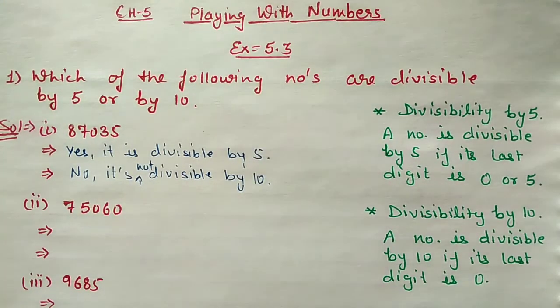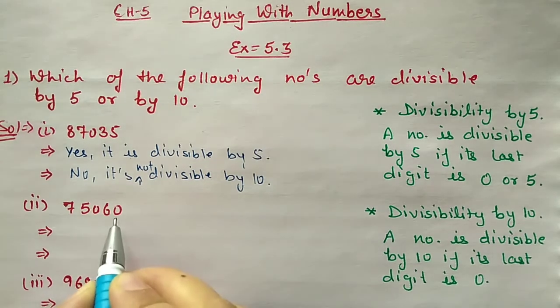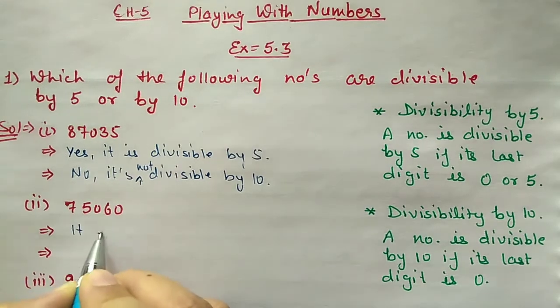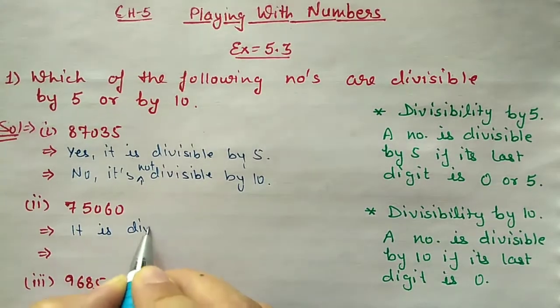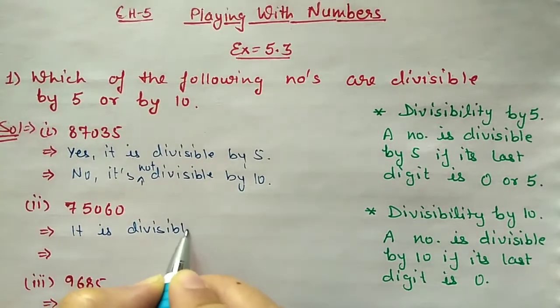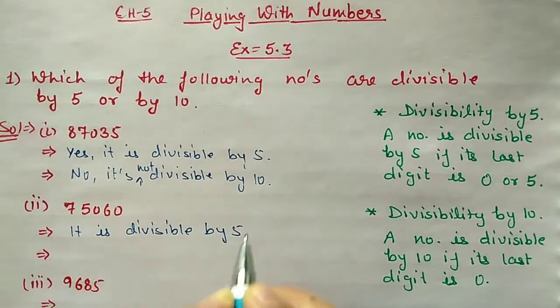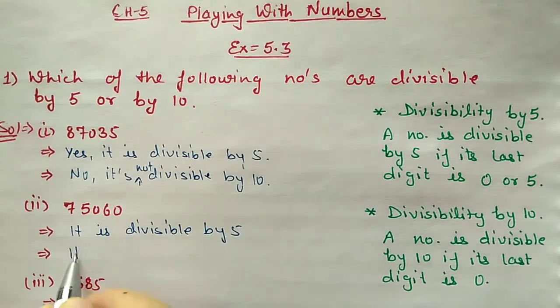Second number, 75060. Because the last digit is 0, it will be divisible by 5, and it is divisible by 10 also.